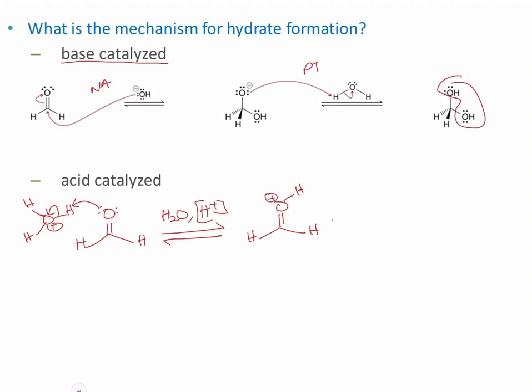Now, we can draw a resonance structure for this compound to demonstrate why it's now easy for the carbonyl carbon to be attacked. Okay, so this carbonyl carbon becomes more electrophilic if we protonate the carbonyl. This electron could go there, and then we end up with that resonance structure.